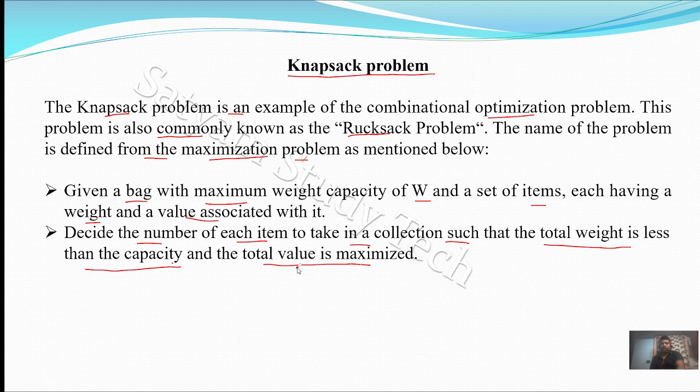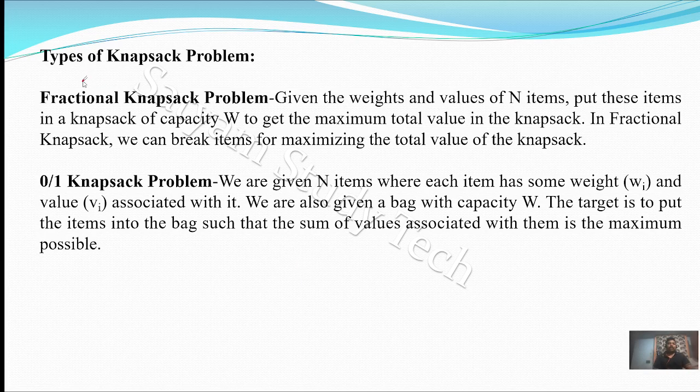There are two types of knapsack problems: the fractional knapsack problem and the 0-1 knapsack problem. What is the fractional knapsack problem? For example, you have some objects, and those objects have some weight. The weight is divisible. For example, there are two objects, object 1 and object 2.